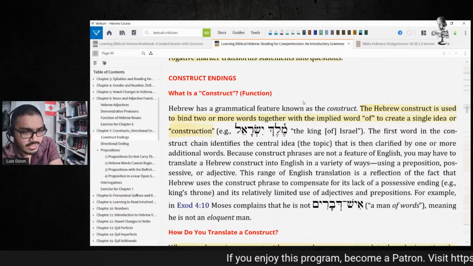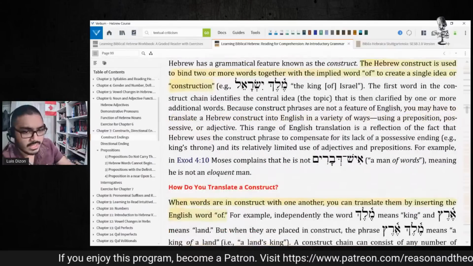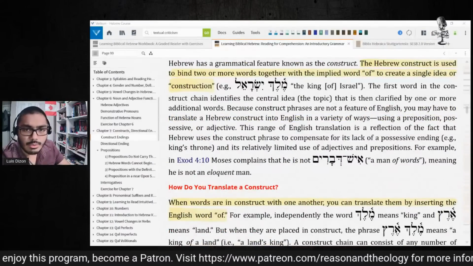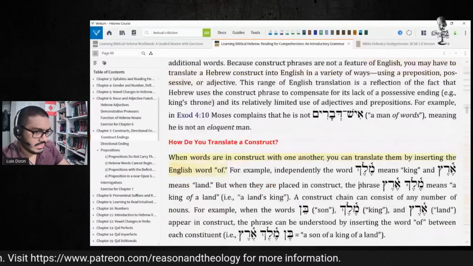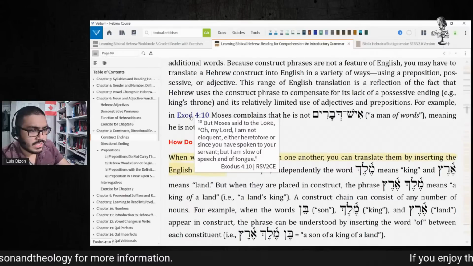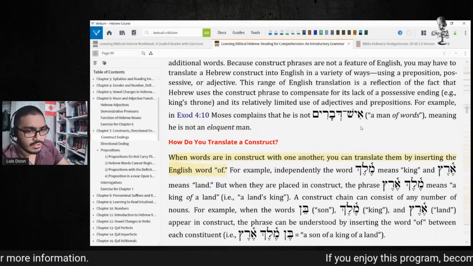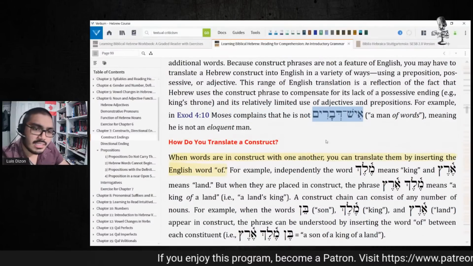One of the interesting things about Hebrew is that it uses construct forms in contexts where we wouldn't normally use an x of y in English. So, for example, Exodus 4:10. Moses says he is not an ish devarim.